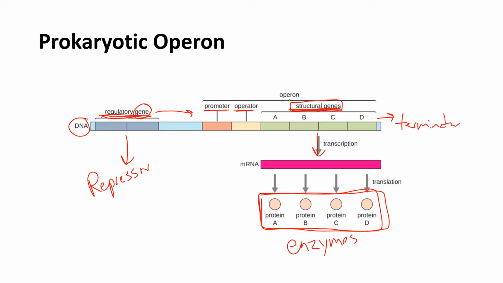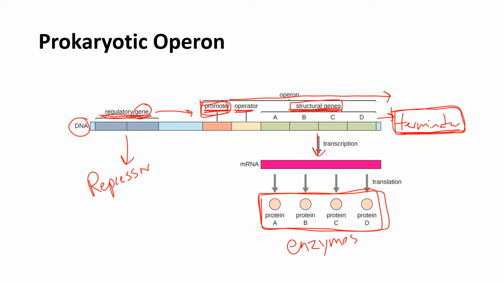Now the regulatory sequences are the promoter, the operator, and of course the terminator. When I talked about transcription before, I mentioned that the promoter and the terminator are signal sequences that tell the RNA polymerase where to begin transcription and where to end transcription. During transcription, the RNA polymerase will recognize the promoter, and then it will transcribe everything until it gets to the terminator.